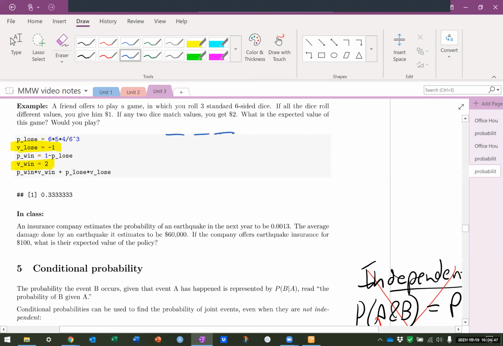You've got 3 dice. Losing means no dice match. So in order to do this, the probability of losing is the number of ways in which no dice match divided by the total ways.